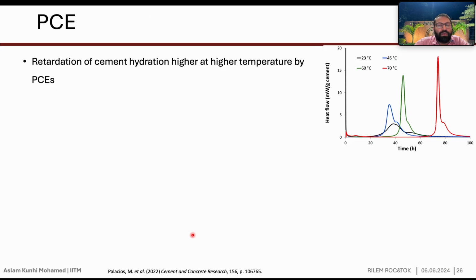So just to give a few examples of what I have worked on. From the experimental side, my collaborators found that retardation of cement hydration by PCE was higher at higher temperature. Here you can see the retardation at 70 degrees Celsius is significantly higher compared to 23 degrees Celsius.